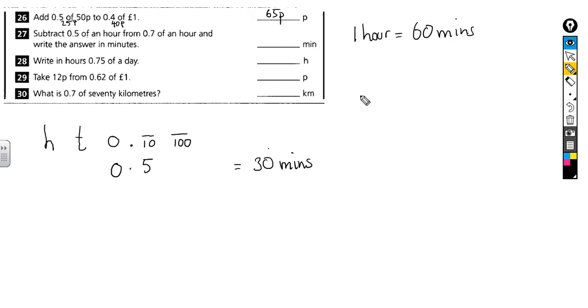That's one whole. If here I want to have 0.7, what's 0.7? That means 0.7 is 7/10, isn't it? So this 7 is in the tenths column, 7/10. I want 7/10 of 1 hour.